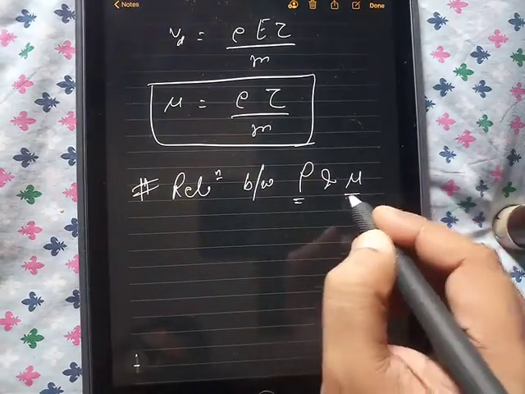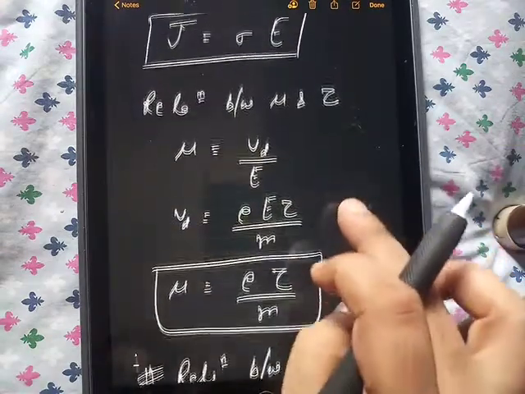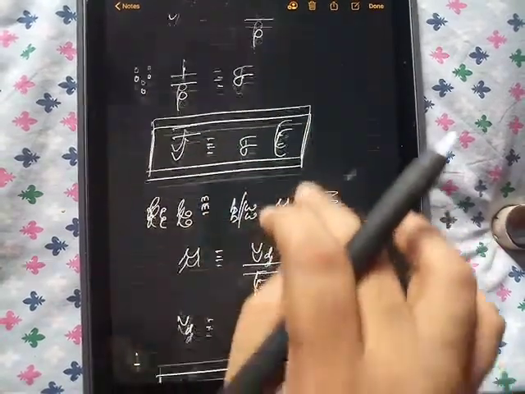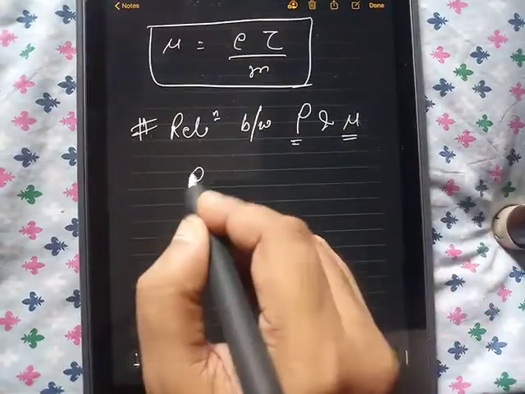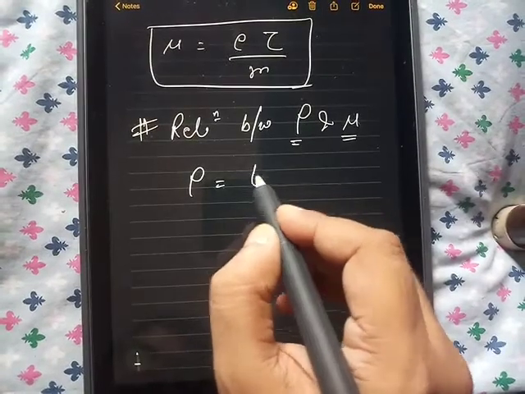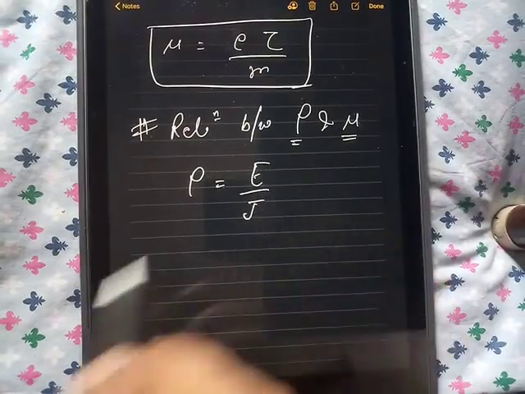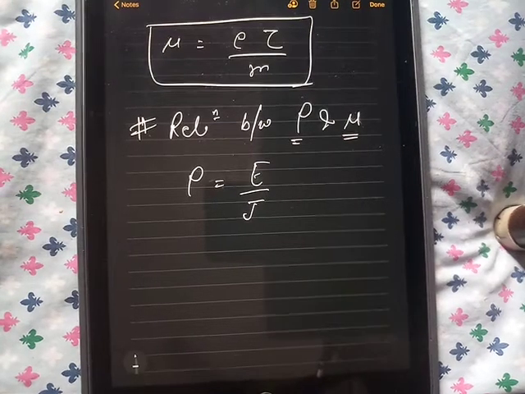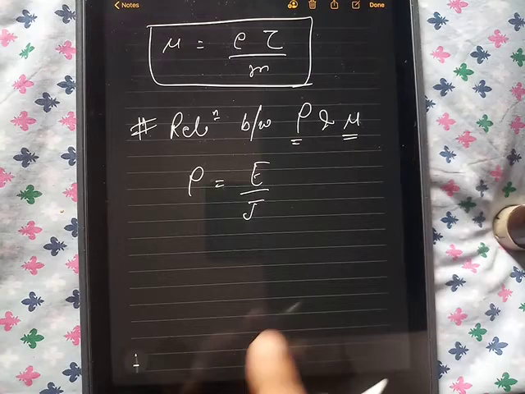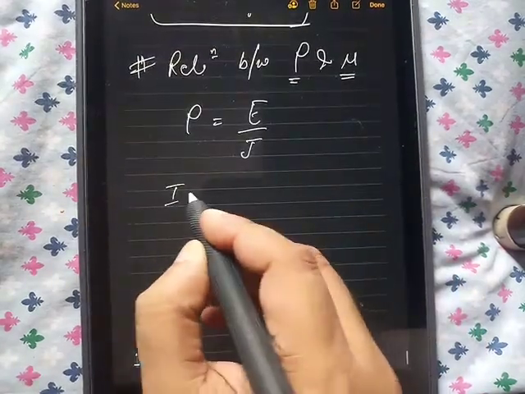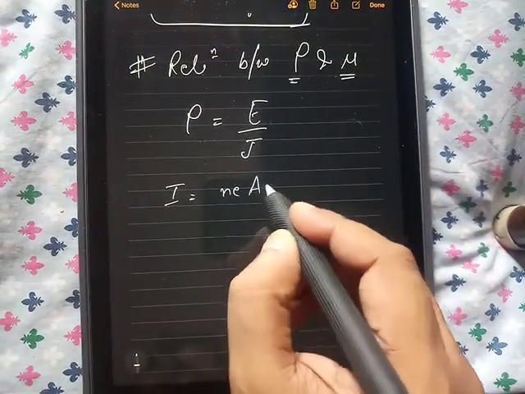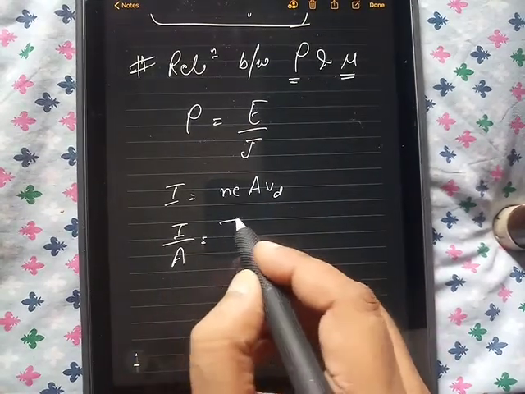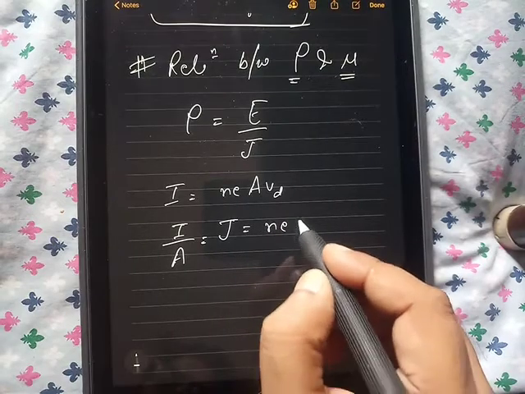Now rho equals E by J. We can derive these relations very well if we know the formula. Now I equals n e A Vd, or I by A equals J equals n e Vd.